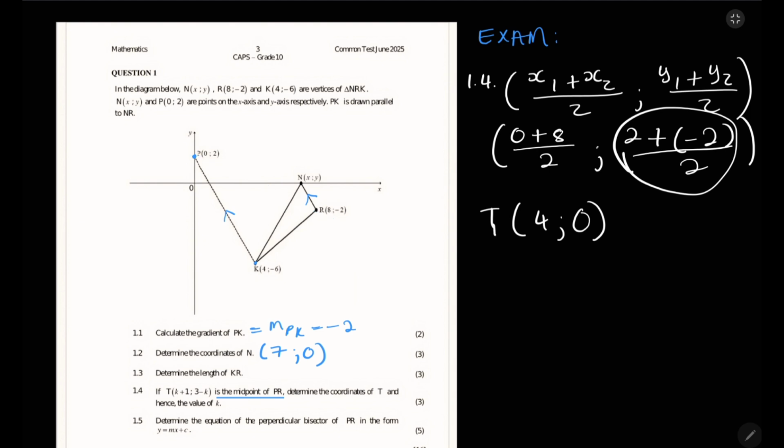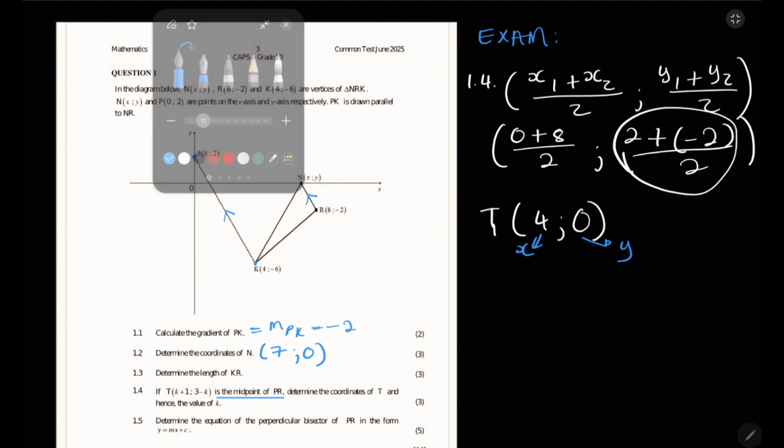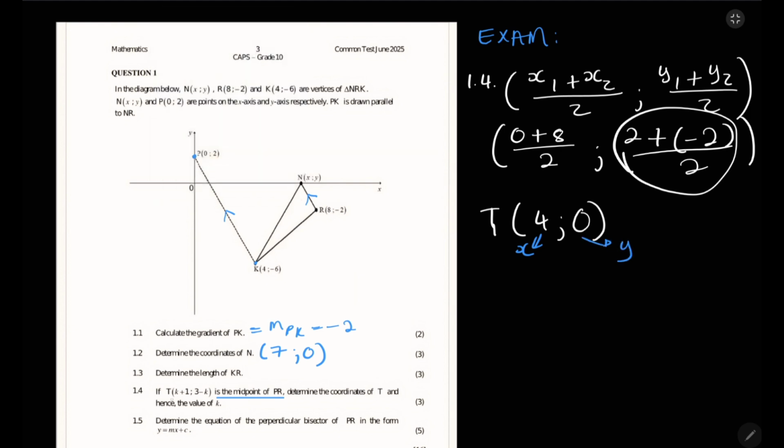Now let's equate the given algebraic expression for point T to the calculated coordinates. Here we have 4, which is your x, and 0 as your y. We were given here T, k plus 1, and 3 minus k.